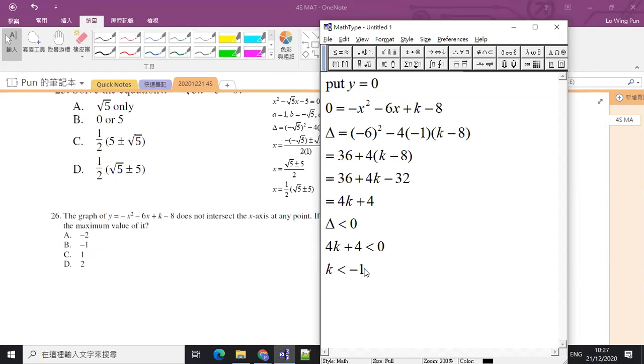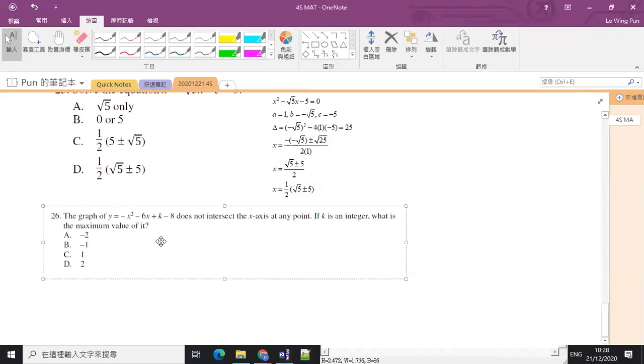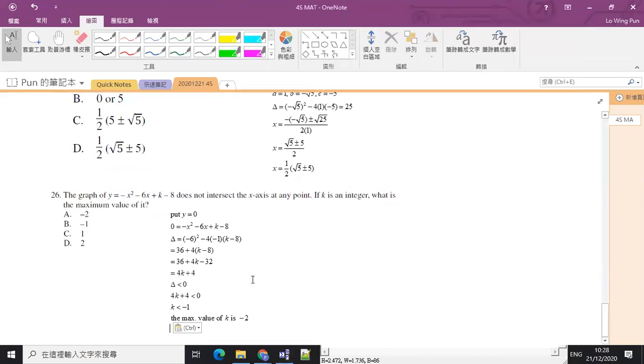Okay, so which integer is the next integer on the left-hand side of -1? Okay, so the maximum value of k should be -2. Okay, so that should be option A.